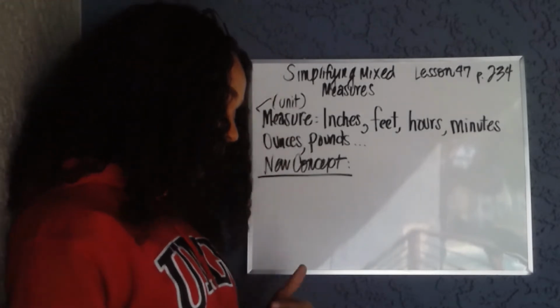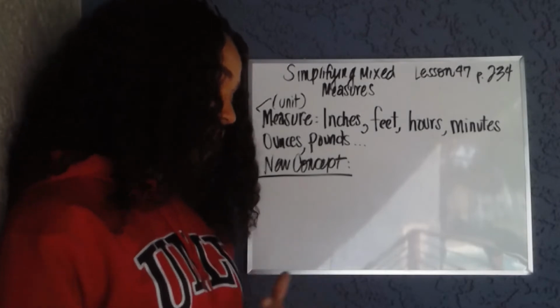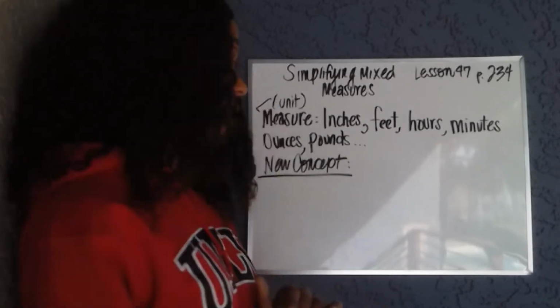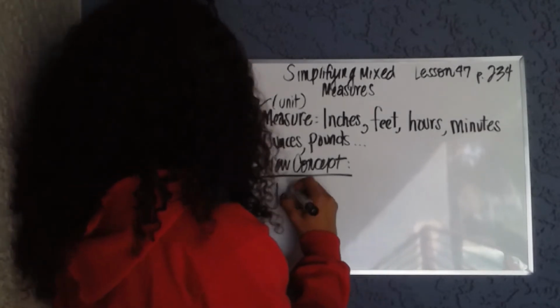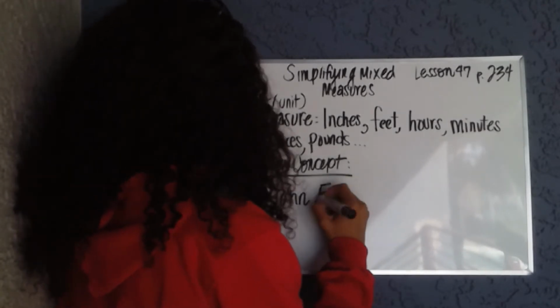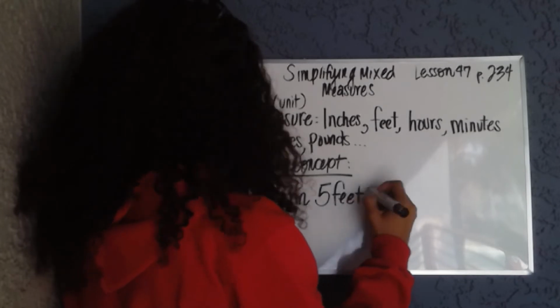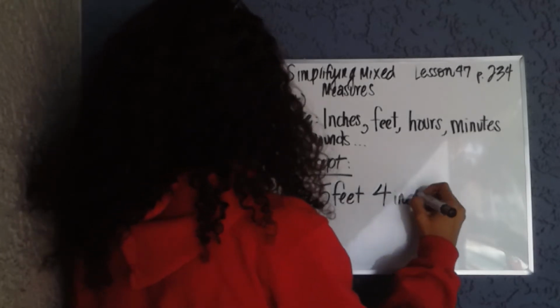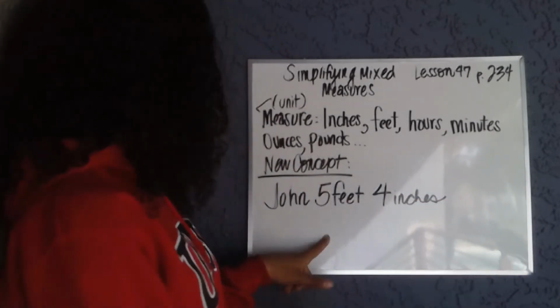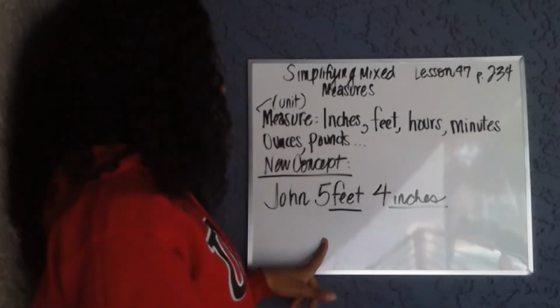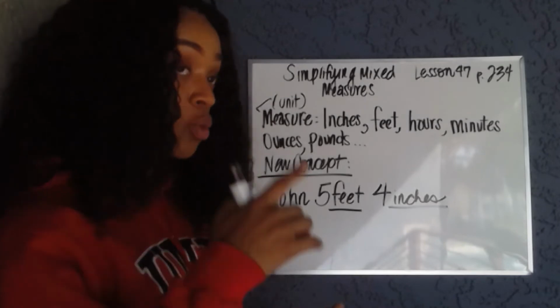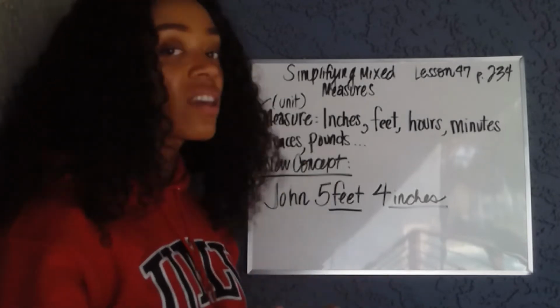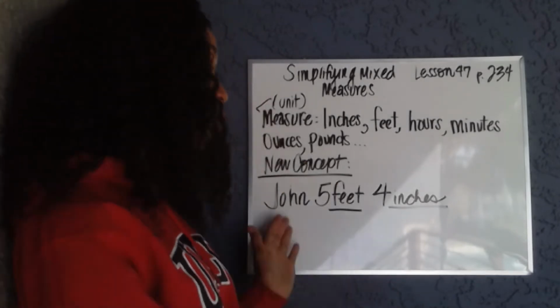So 5 feet 4 inches means 5 feet plus 4 inches. Well, I see that these units don't have the same name, so I have to convert them to one or the other depending on what the question is asking me in order to get my answer.